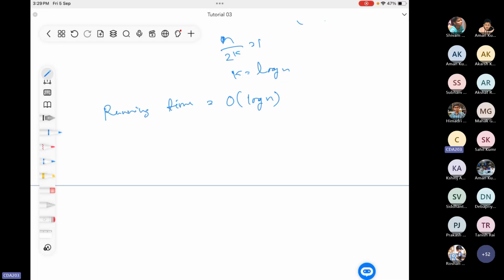What is the problem with an unsorted array?